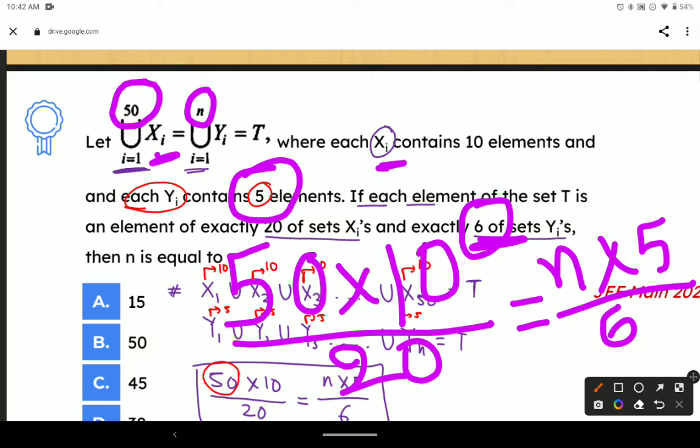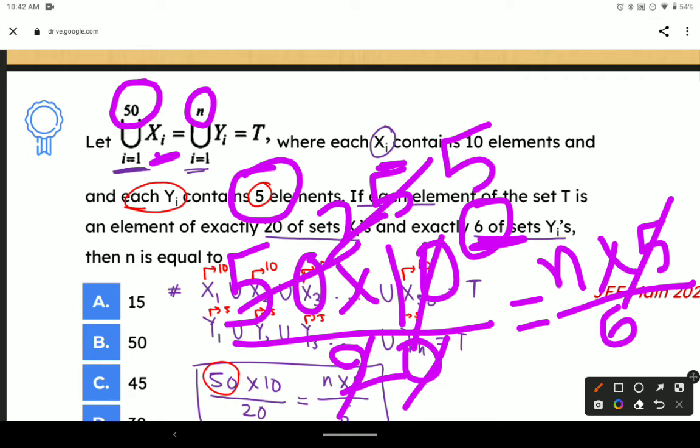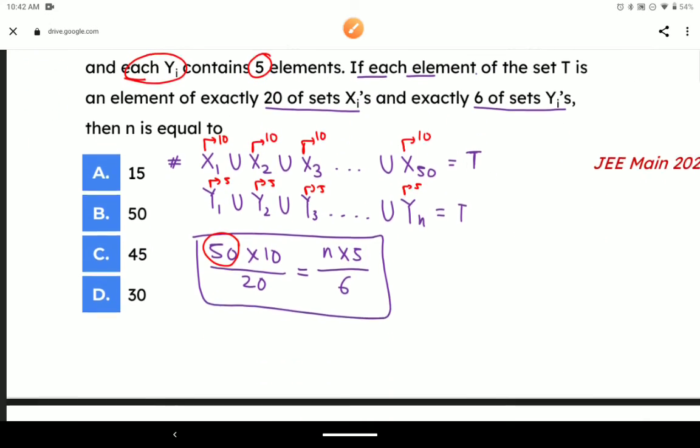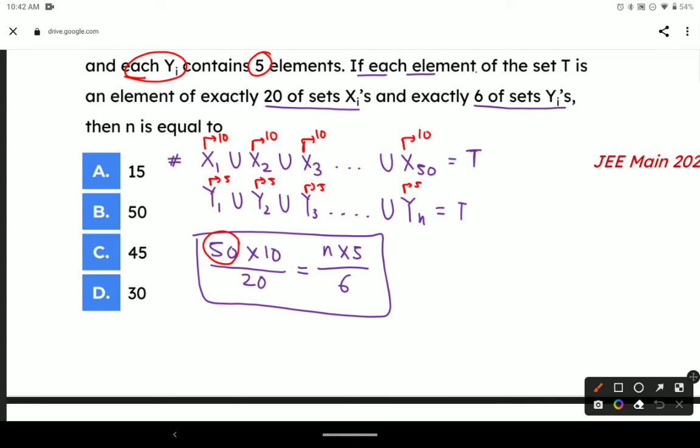So we cancel out the 25s and the 5 fives, and n is equal to 30. So D is the correct option. Yes, this is D. D is the correct option.